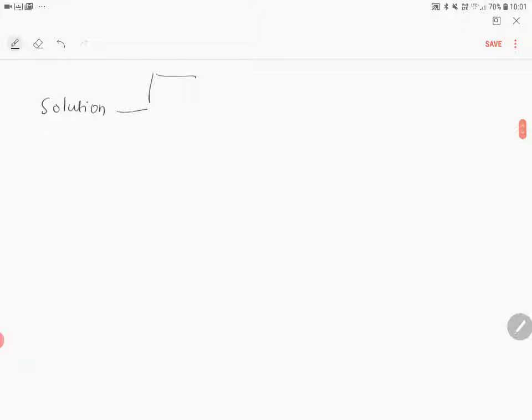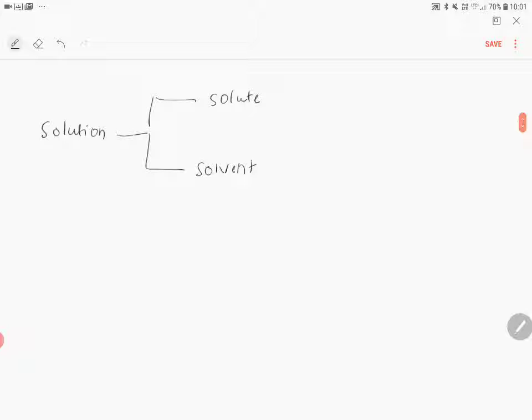wherein all of you know that a solution is a combination of solute and solvent, right? So if we consider such a solution in which the solute can behave ideally according to Henry's law, the solvent can behave ideally according to Raoult's law.